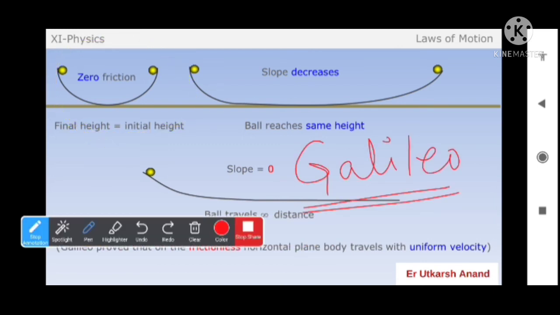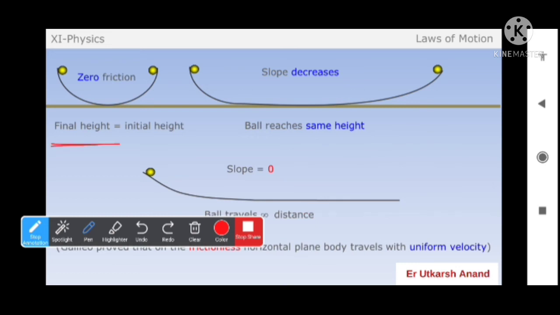You find that the final height and initial height are both equal, and this is obviously a frictionless surface, so there is no friction. Similarly, if the slope is made very long like this, then once again the ball reaches the same height, as you can see, right? And here we have tried to change the shape of this path.